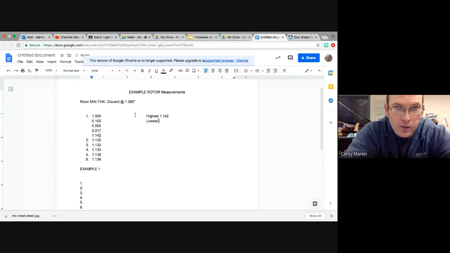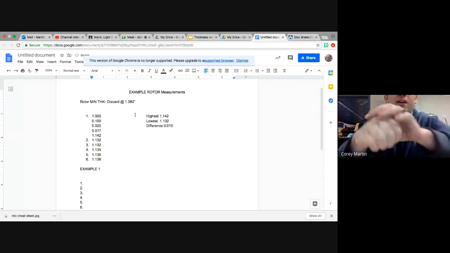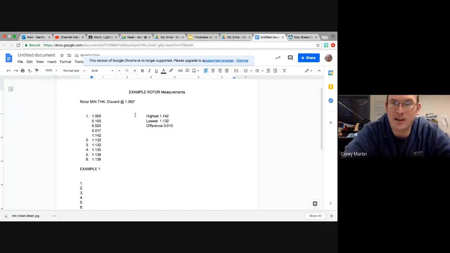And it looks like our lowest number was 1.132. And that's an easy number. So we have a difference there of 10,000ths of an inch. So that means that our thickness variation is 10,000ths of an inch.